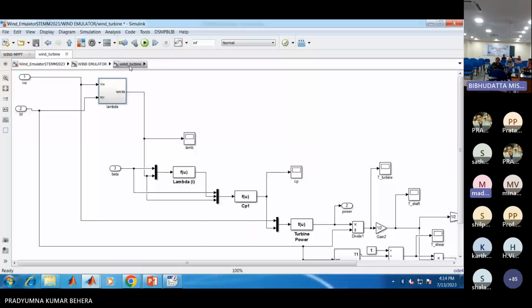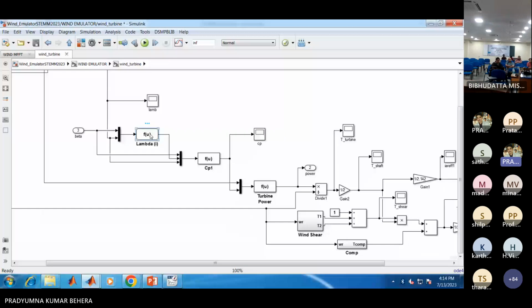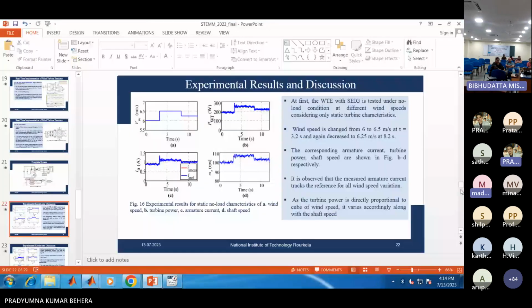Next, we are computing lambda I. 1 upon lambda I is shown in equation number 6 of the PowerPoint file.